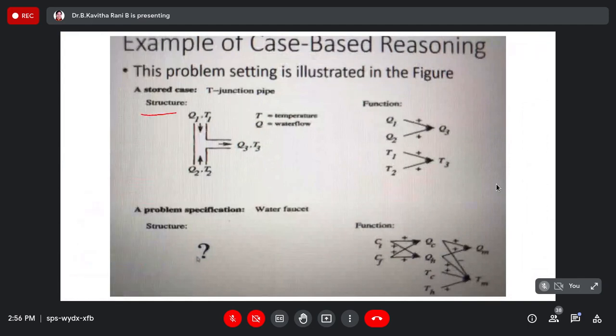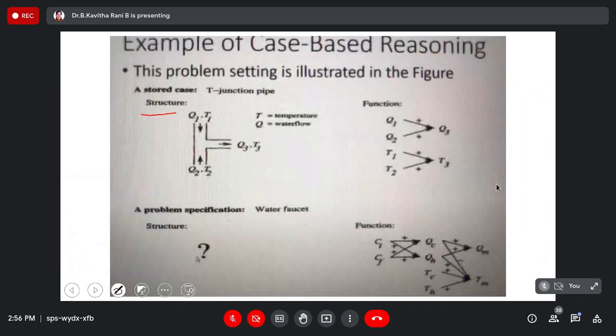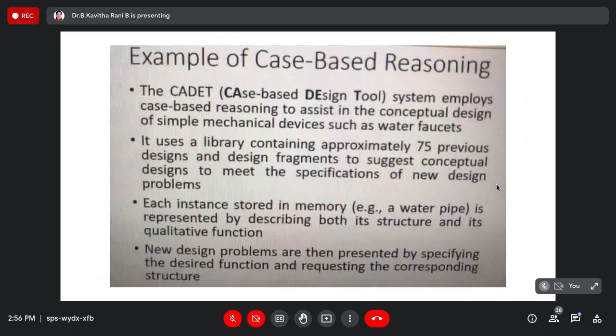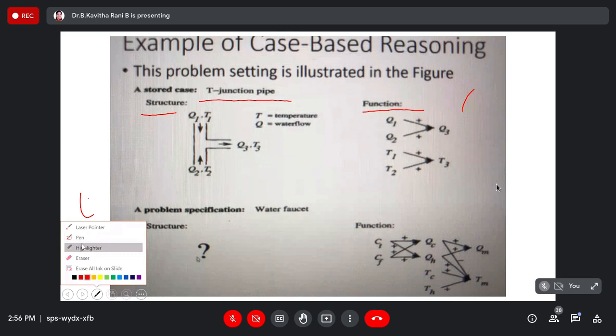Now they have taken a T junction pipe. What is a T junction pipe?